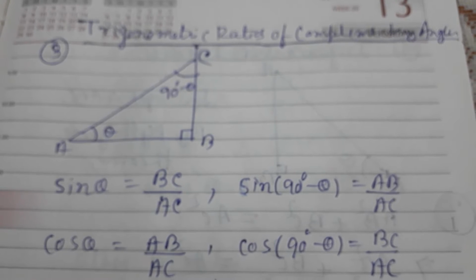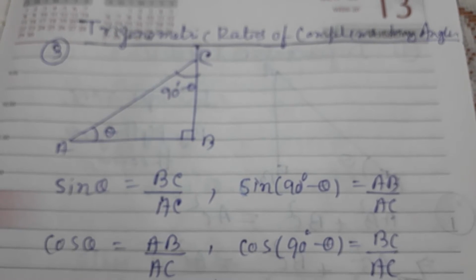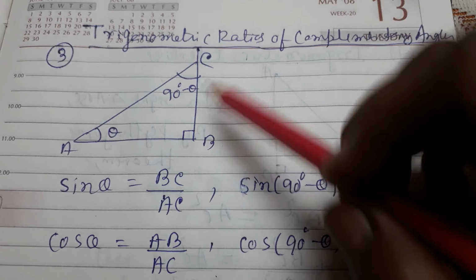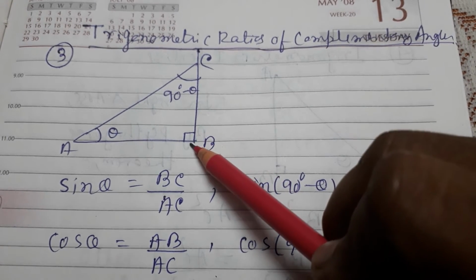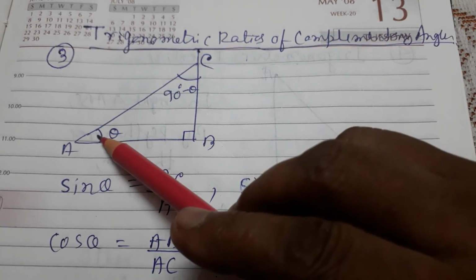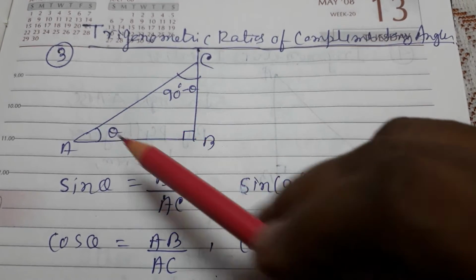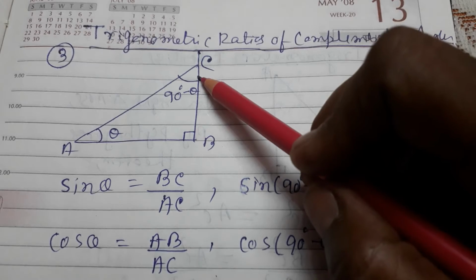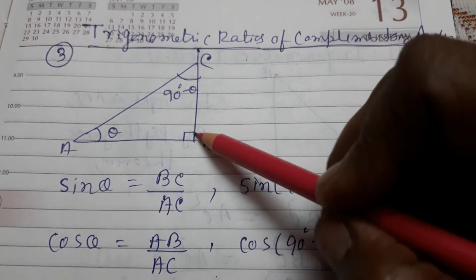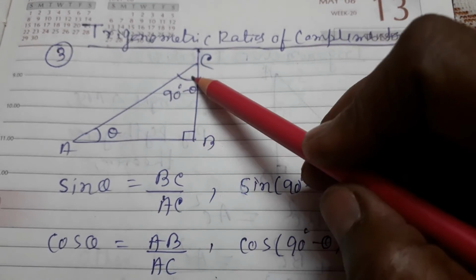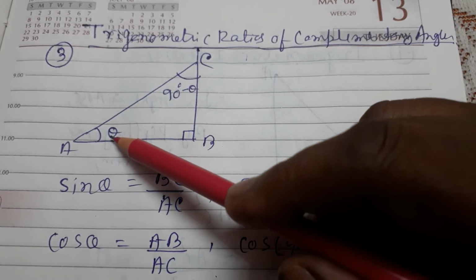Now, trigonometric ratios of complementary angles. In triangle ABC, angle B equals 90 degrees. So the sum of the angles A plus C must be 90, because the sum of these three angles is 180, one angle is 90, so the sum of the other two angles must be 90.